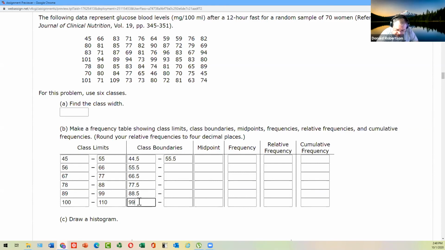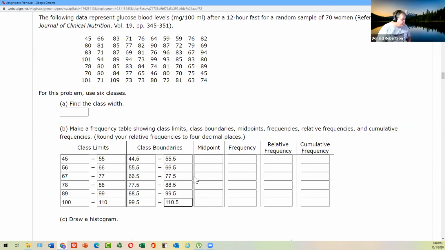And 99.5. And then on this side, where are we going? 66.5. 77.5. 88.5. 99.5. And then 110.5.